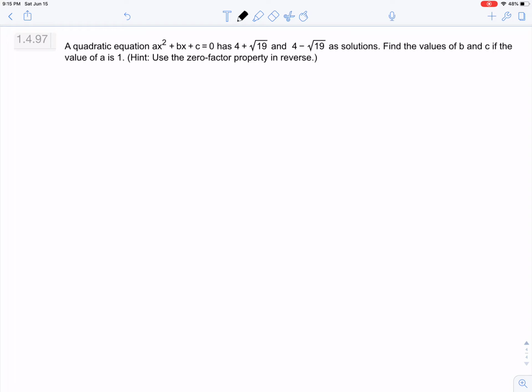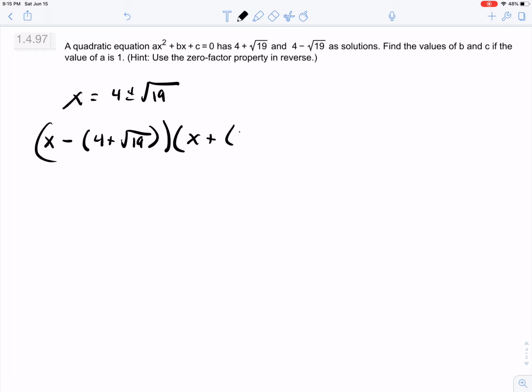So if x equals 4 plus or minus the square root of 19, that means when we were solving this, we got that x minus 4 plus root 19 times x plus 4 plus root 19 equals 0. All right? This is just working backwards. So then we're just trying to find the original equation.